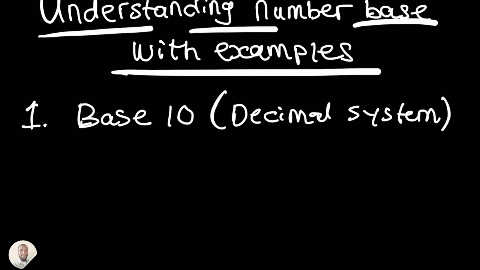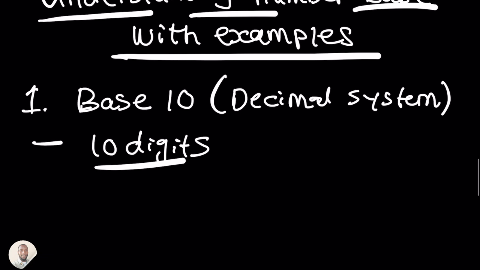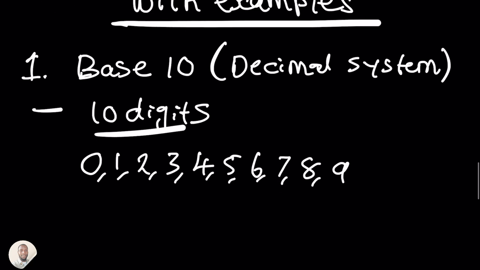Base 10 uses what? It uses 10 digits. What are the digits? They are 0, 1, 2, 3, 4, 5, 6, 7, 8, 9.